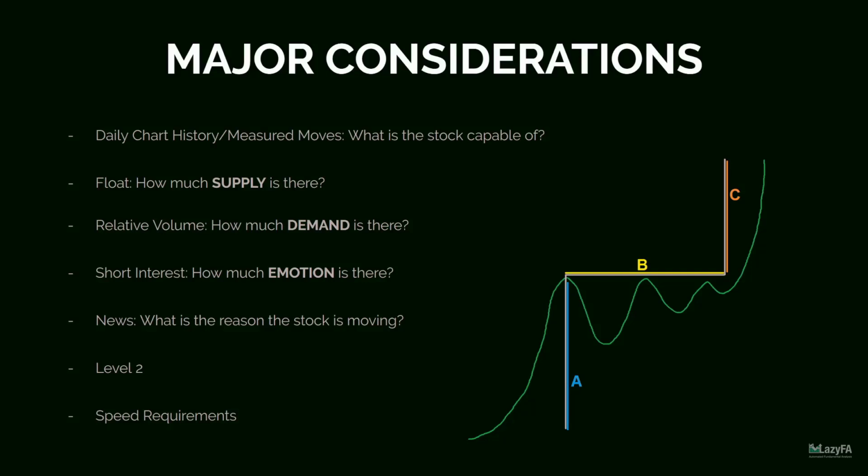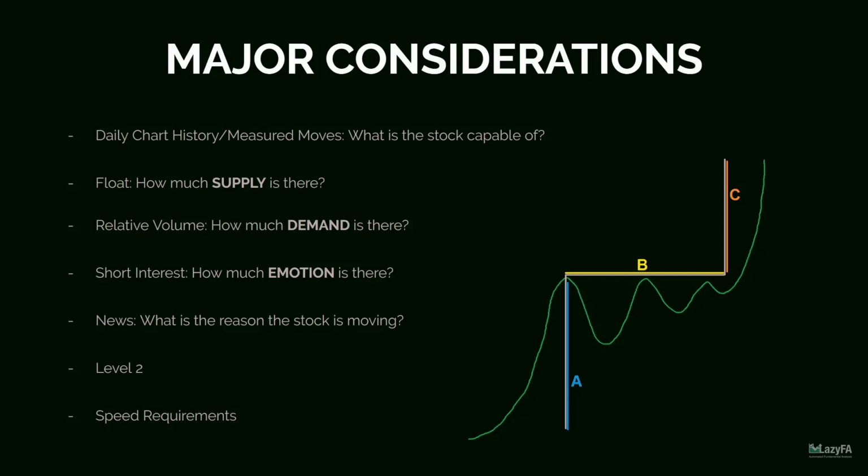So when I look at parabolic moves and when I'm looking at trading ideas, I'm looking for the exact same thing. The float, how much supply is there? And you can find that on something like finviz.com. It's really easy to find. And then the relative volume, meaning how much volume is this thing trading today versus its average?